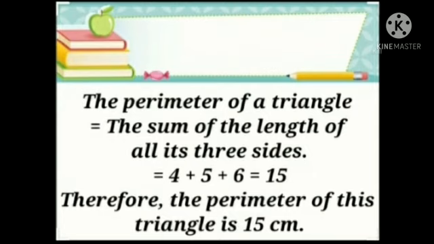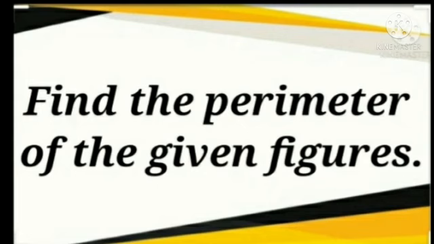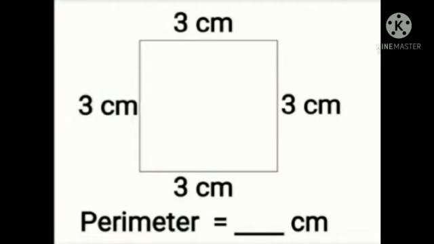Now students, we are going to find out the perimeter of some given figures. Here is a square measuring 3 centimeter. So the perimeter of the square is equal to 12 centimeter.